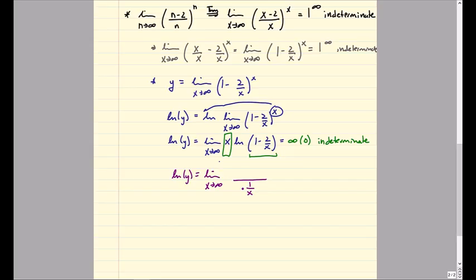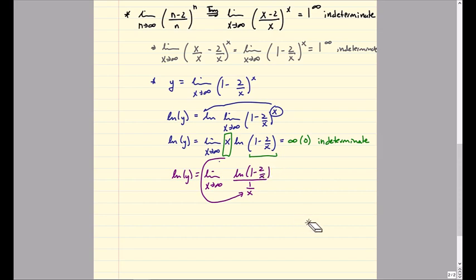So if I multiply by the reciprocal of 1 over x, that's the same as multiplying by x. So that is a rewrite. I'm taking x in the numerator and rewriting that as 1 over x in the denominator. Now in the numerator, I still have the natural log of (1 minus 2 over x).